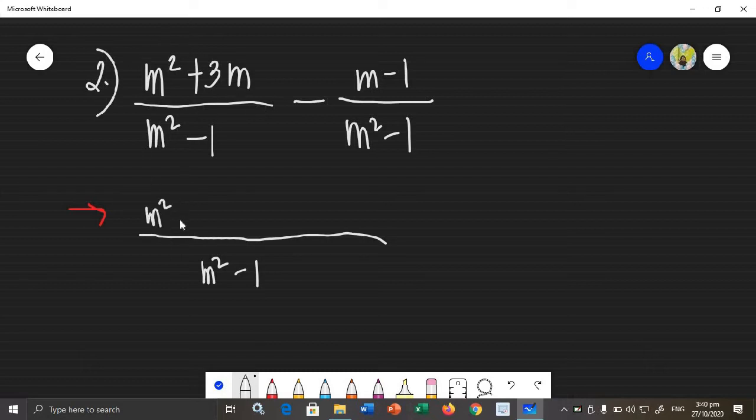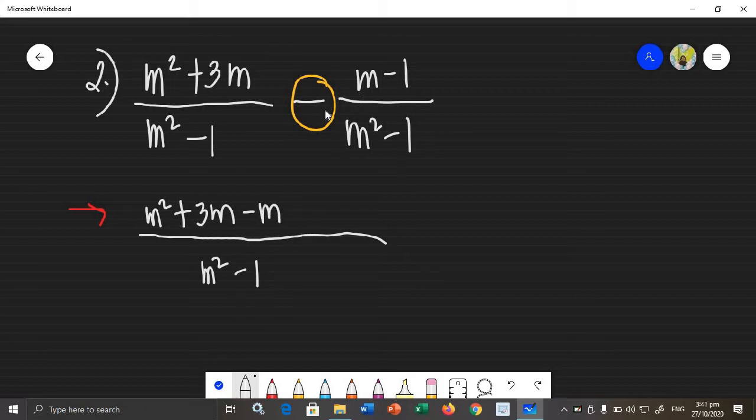So m² + 3m, but we must be very careful in this part, with the operational sign and the terms after it, because we need to distribute the sign. We need to multiply this sign to each term in this binomial. So negative times m, the answer is negative m.